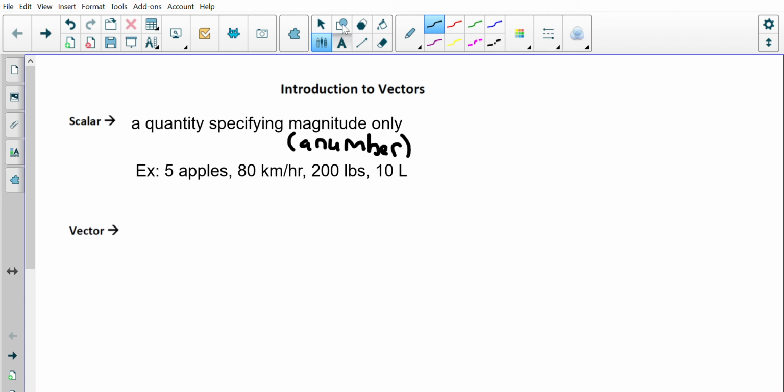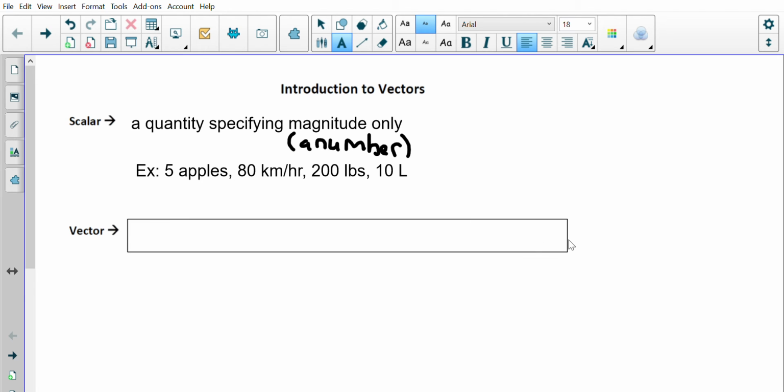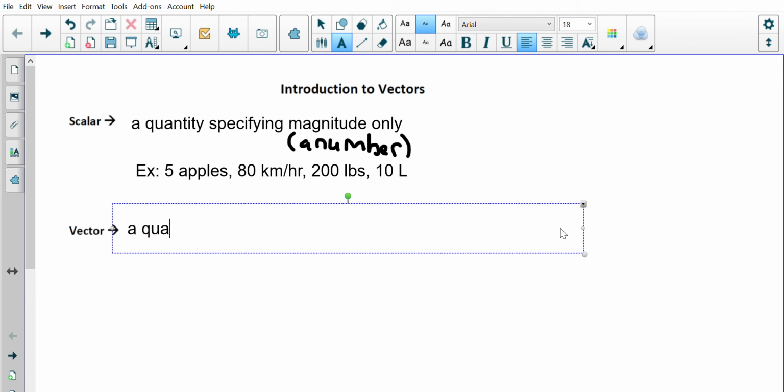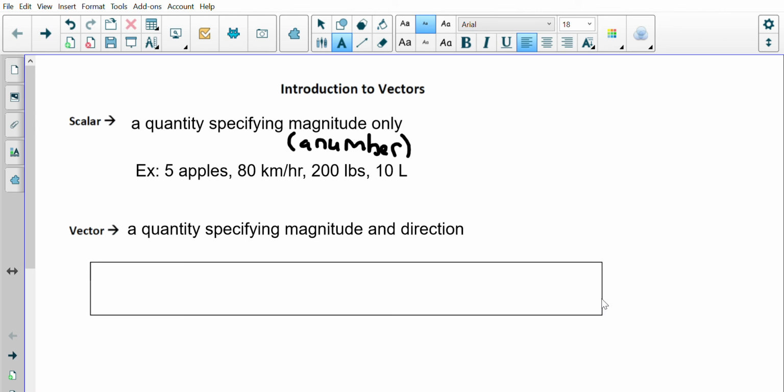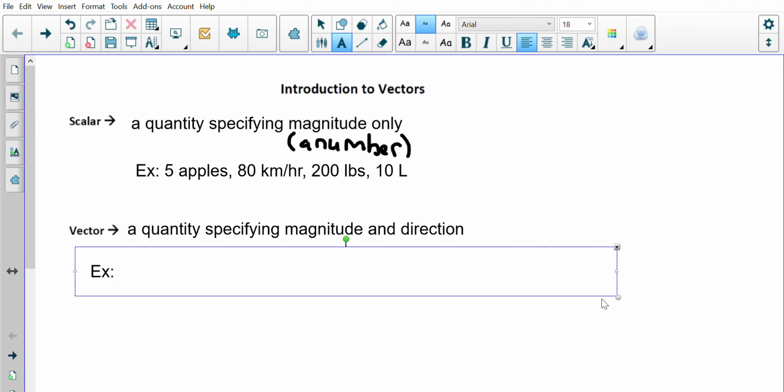Now, when we get to talking about a vector, that is a quantity specifying magnitude and direction. So for example, like I used that wind up there, or that 80 kilometers an hour. Well, you could say the wind is 80 kilometers an hour, but you could also say it's from the east.